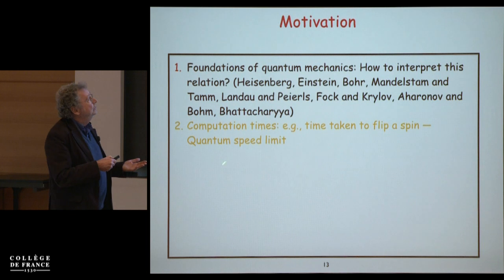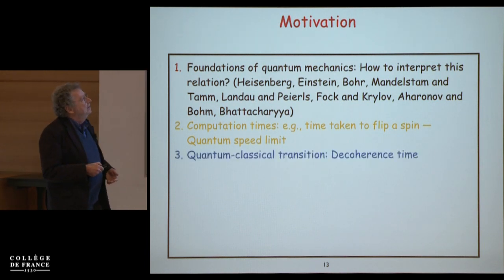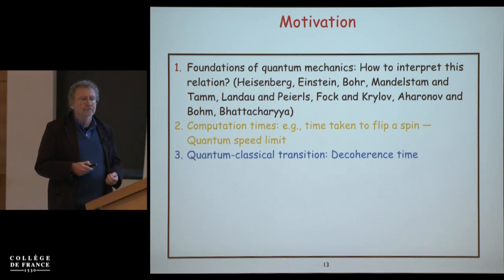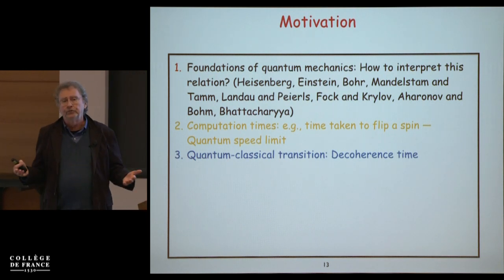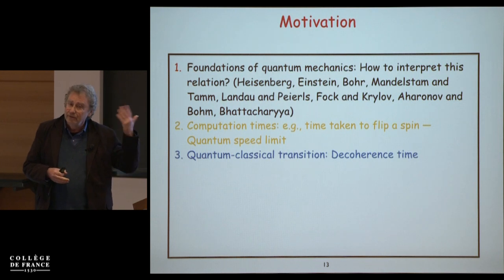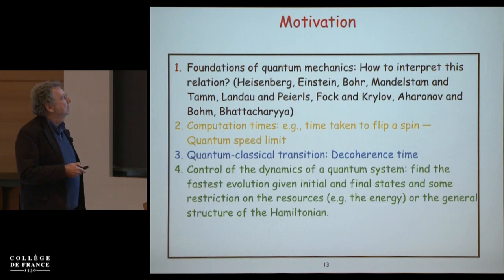So how can you say something about this quantum speed limit? This is also important for the quantum-classical transition. We might be interested in having some general approach to the decoherence time, for instance. And that suggests an approach along that line.